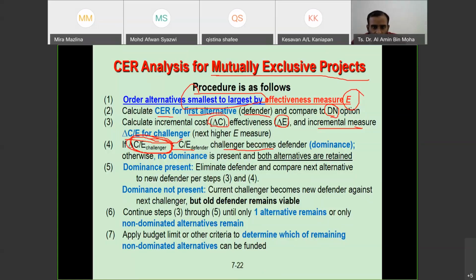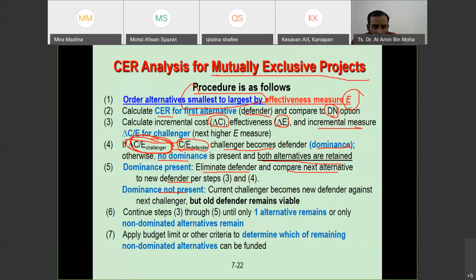Then we call it dominance. The challenger dominates, so the challenger becomes the defender, and this defender is going to be compared with the coming alternatives. If there is no dominance, we just take both alternatives. If dominance is present, number 5 here, eliminate the defender and compare the next alternative to the new defender. Dominance is not present if the CE value of the defender is still lower than the challenger.